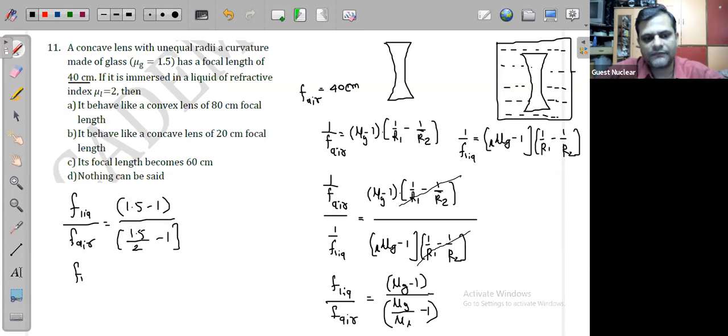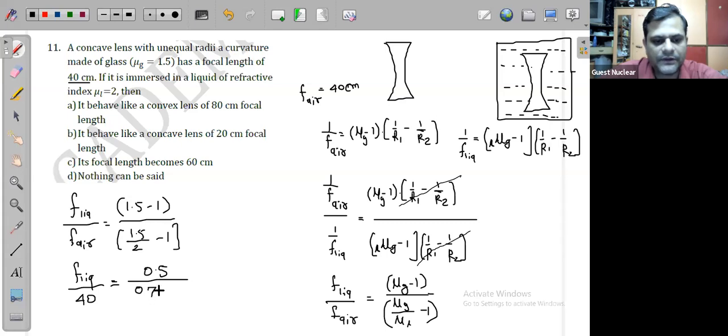So we get this F liquid upon F air, which is 40, is going to be equal to, so 1.5 minus 1 is 0.5 upon this 1.5 upon 2 comes out to be 0.75, right?